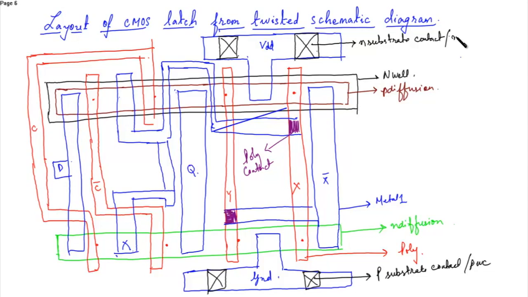This is your NWC contact. In order to make a contact between the P diffusion layer and this, you have to place PWC contact. P diffusion contact.